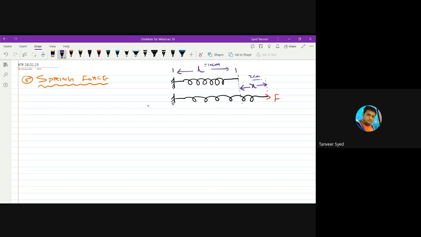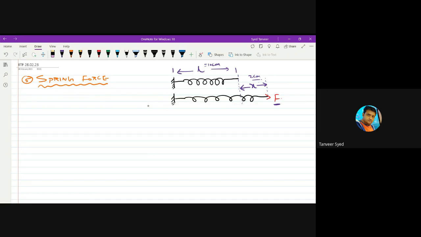From this situation, if you remove this applied force, what happens? The spring immediately goes back to its initial configuration or its natural length. That means something is pulling back this spring to its natural length.